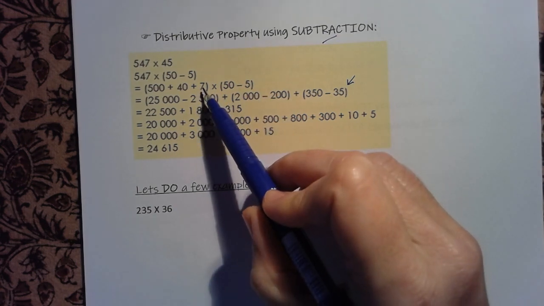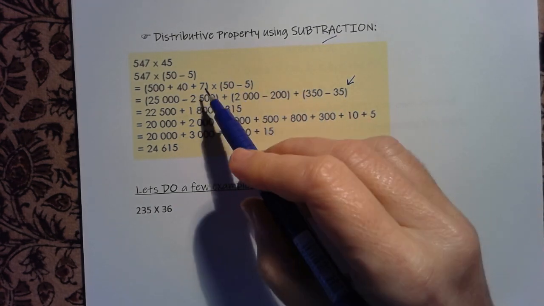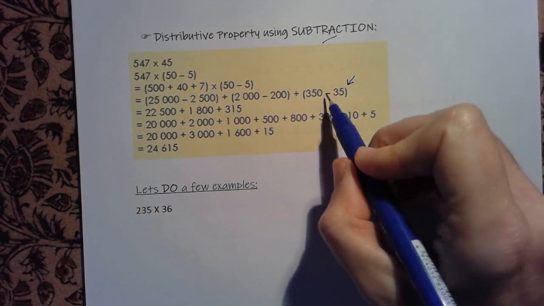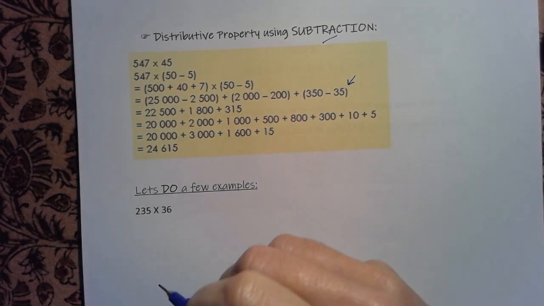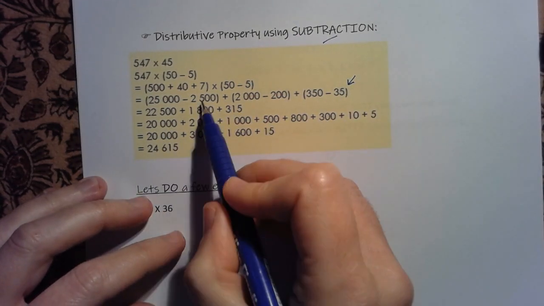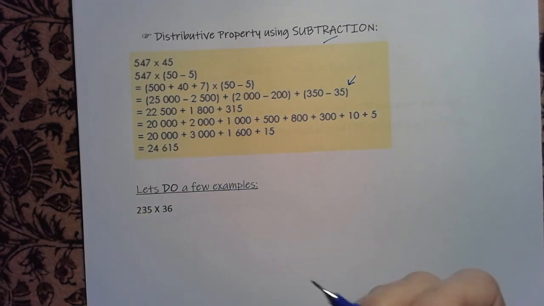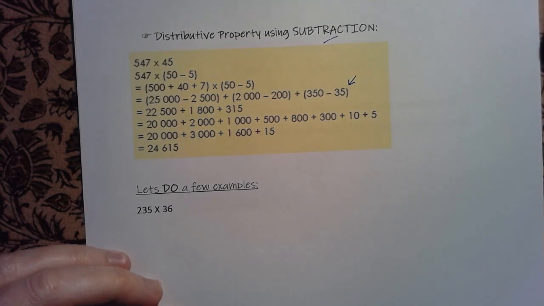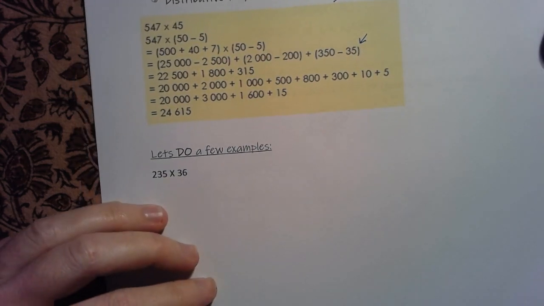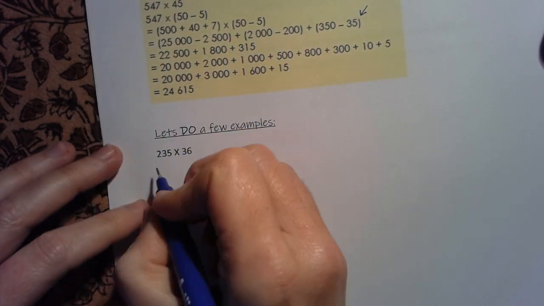The same with the 7. 7 times 50 is 350, and 7 times 5 is 35, and you will subtract them from one another. And then you will get answers for your brackets, which you will add up, and then you will end up with your final answer. Okay, so now let's try and do this together.